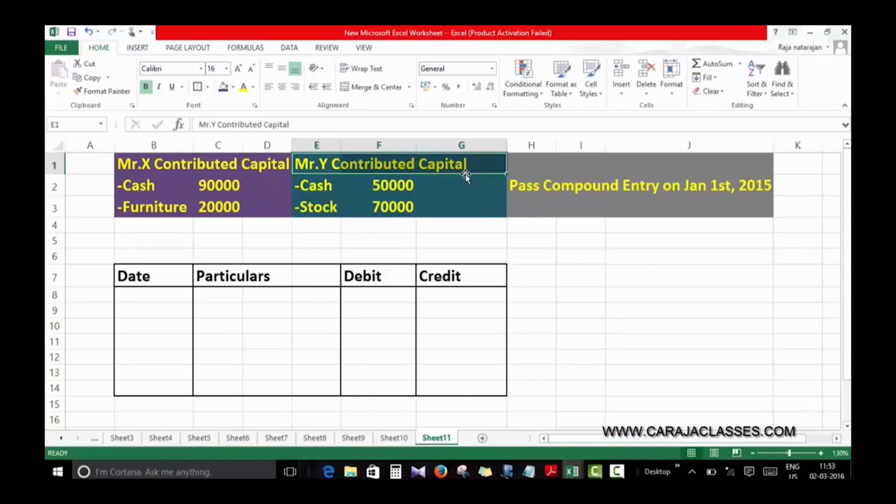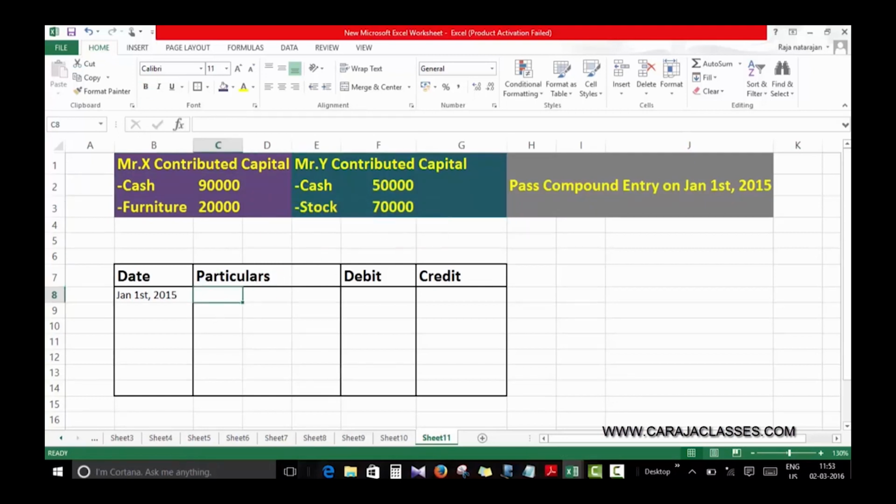So what we'll do, we'll try to capture each and every item. This transaction is happening on 1st Jan 2015, so it is happening on Jan 1st, 2015. What we understand is the cash account should be debited, furniture should be debited, then again cash and stock should be debited.